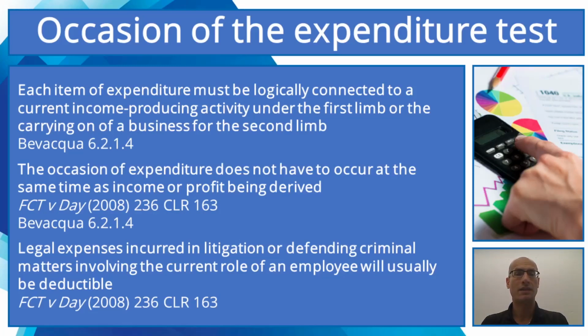And there they said that, look, in regards to future roles, the occasion test might not be satisfied, but it will be in regards to the current role. So if the income generation in your current role as an employee is going to be impacted, then legal expenses or the cost incurred in defending against such matters will meet this occasion of the expenditure test.